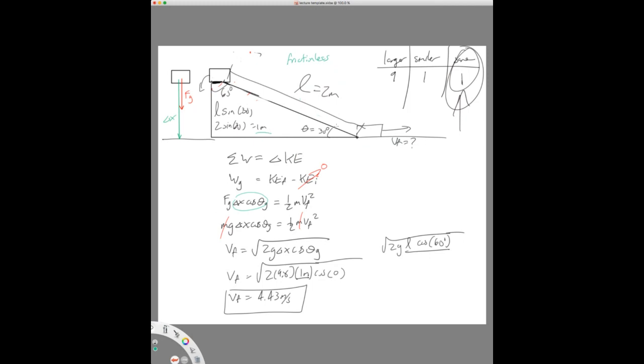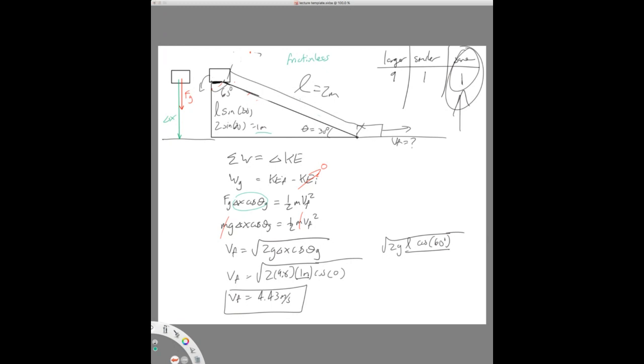And no matter what the ramp looks like, when we do the math, that 1 meter comes out, whether it's 2 times cosine of 60 or 1 meter times cosine of 0, we get 1 meter. So the force of gravity only does work when the object moves up or down, and it doesn't care about sideways motion.